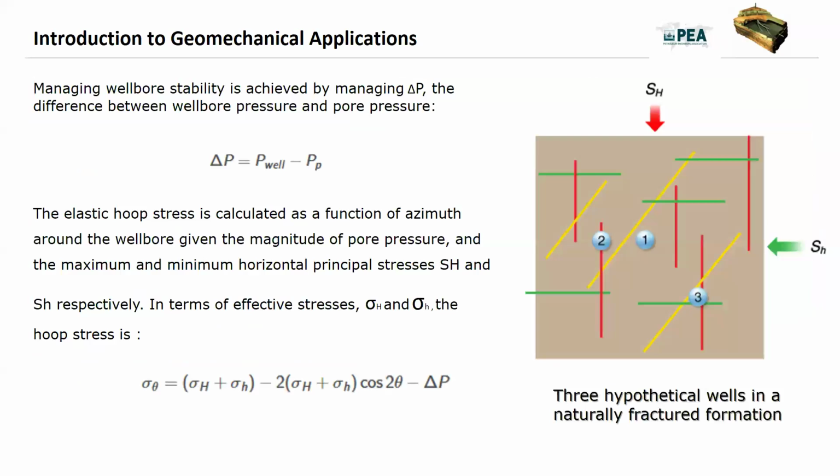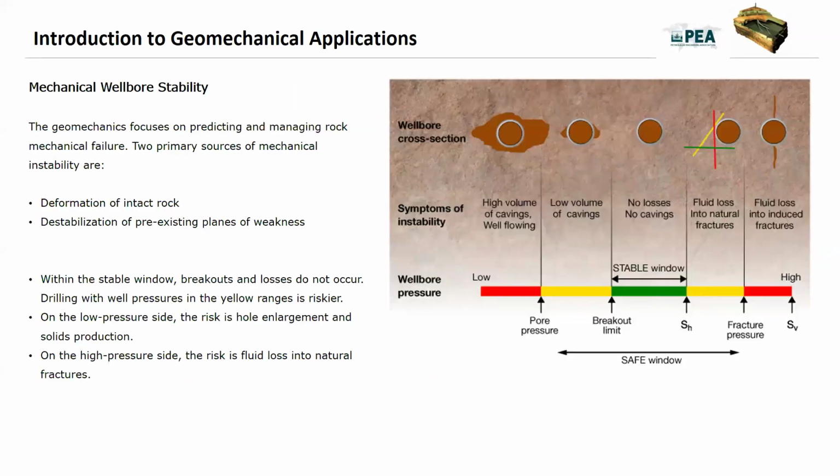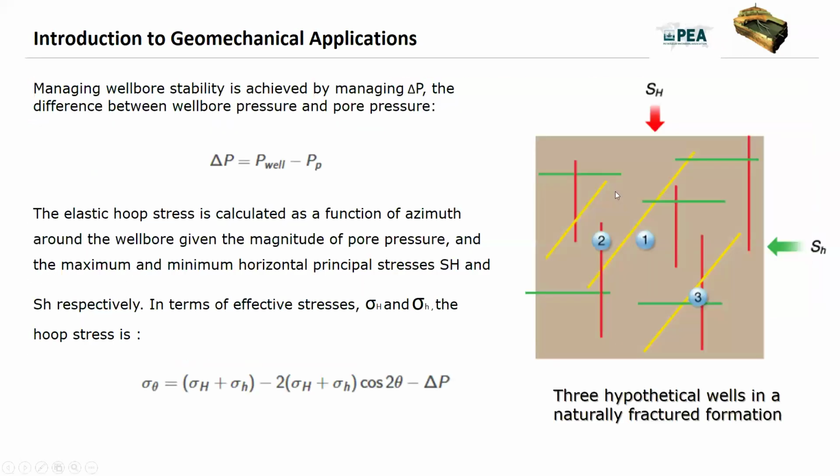The previous diagram on the right side is limited to a specific depth in a well, corresponding to a specific set of rock mechanical properties and earth stresses. So our task as a geomechanics team is to estimate the stress and the strength variation along a proposed well path, so that we can get a safe and stable well pressure window.